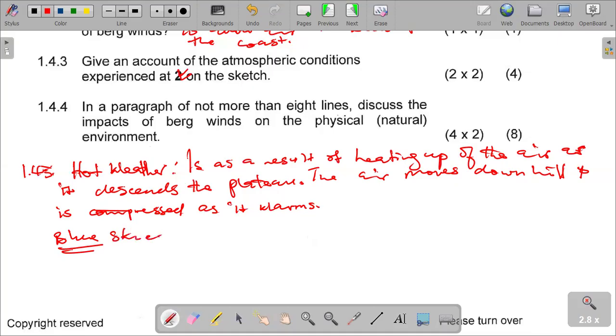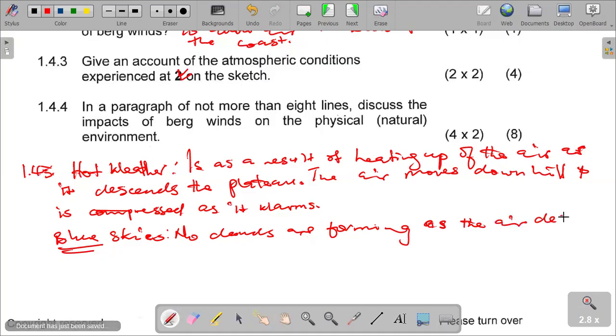Blue skies means that there are no clouds forming there. There is no formation of clouds as the air is descending, because it is dry air. No clouds are forming as the air descends, class.